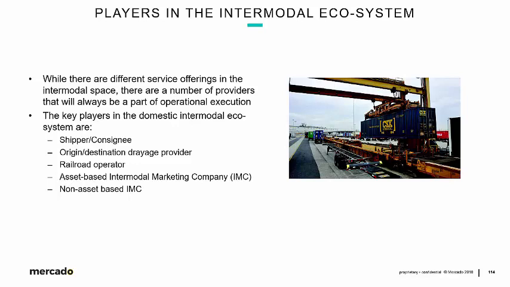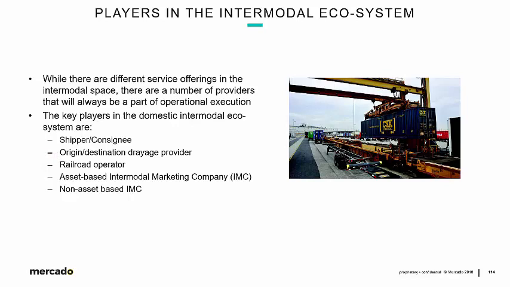Second bullet, the key players in the domestic intermodal ecosystem are, naturally, the shipper and consignee. We can't do much without a shipper and someone to receive the freight. The origin and destination drayage provider, that's going to be the trucker that's moving that chassis around, hopefully with a trailer on it. The rail operator themselves, we'll identify them later.